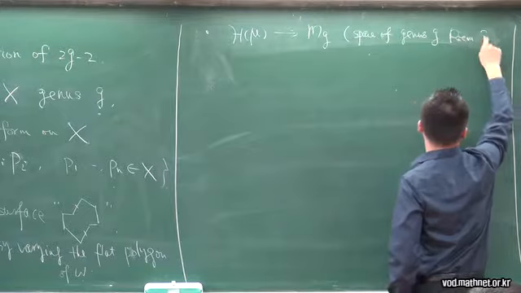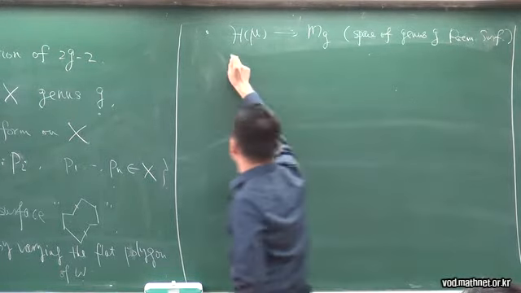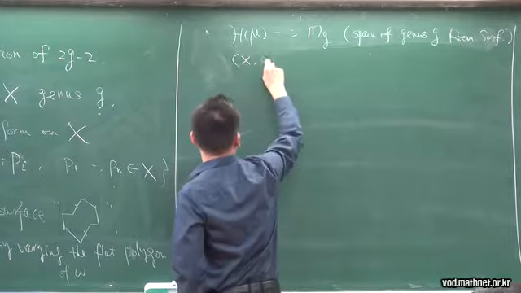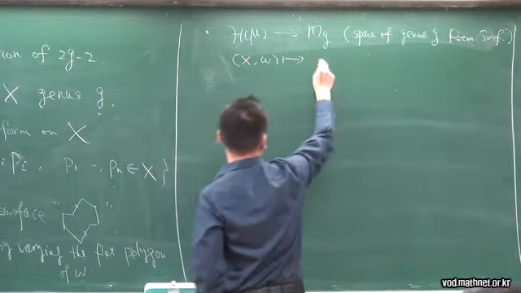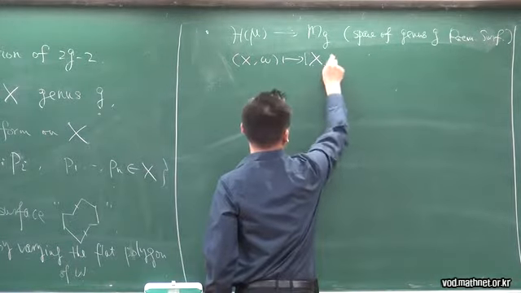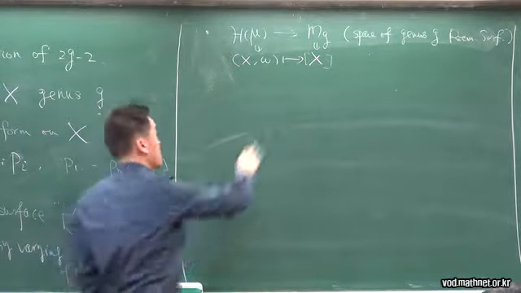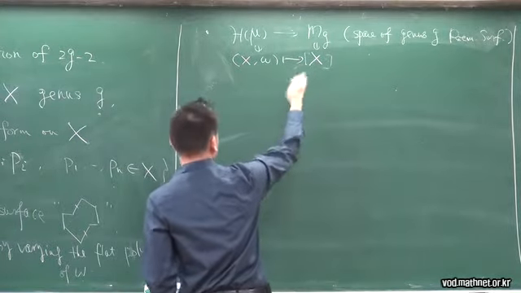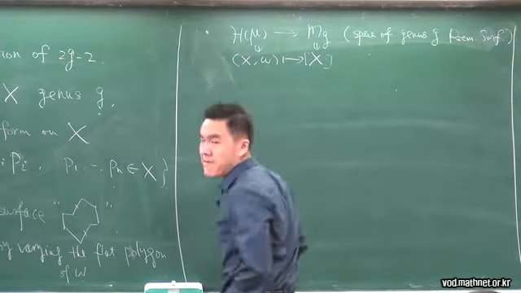And just by forgetting omega and only remembering X, that is a map. Okay. So in other words, the projection forgets some information, only remembering the underlying complex structure, but forgetting the one form.